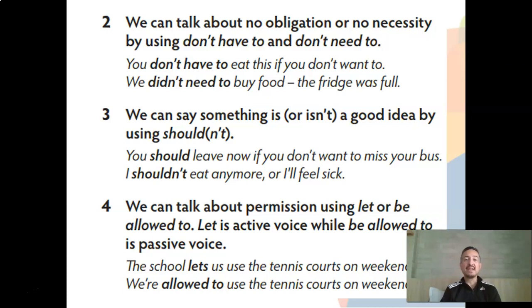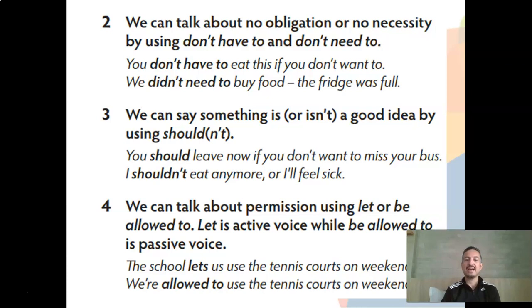We can say something is or isn't a good idea by using should or shouldn't, as we have seen before in the activity. For example, you should leave now if you don't want to miss your bus. So it's a good idea for you to leave now. It's a piece of advice. It's not an obligation, but it's a good idea.